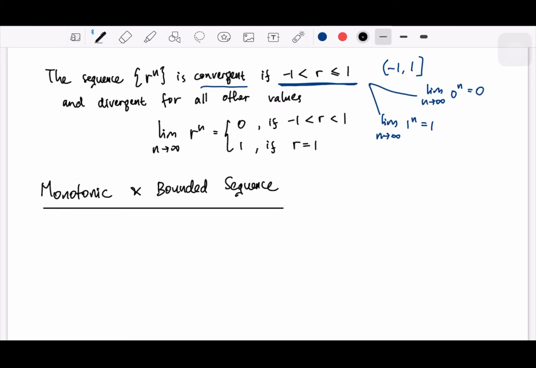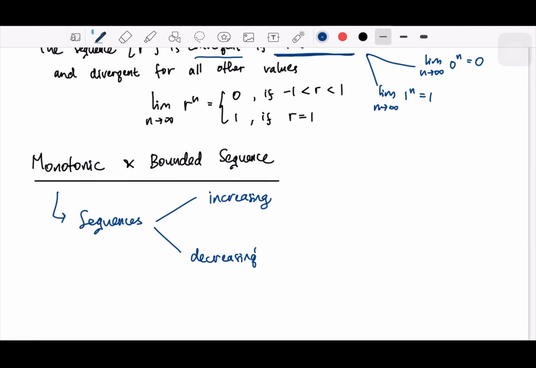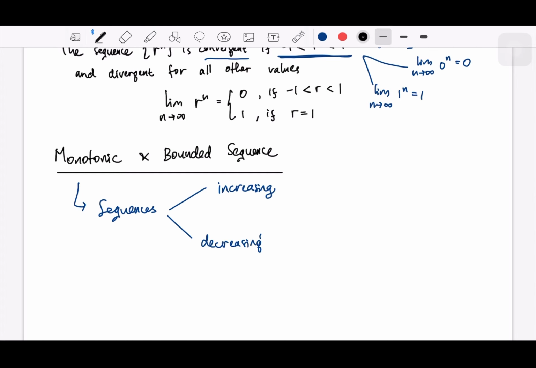So let me write. A sequence can be increasing, or decreasing. We call this sequence increasing if an is less than an plus 1.